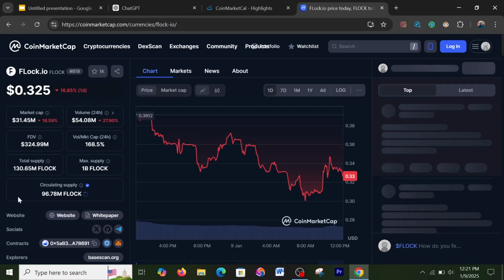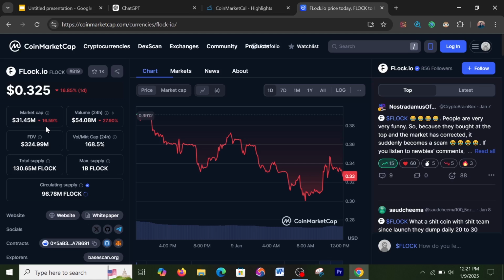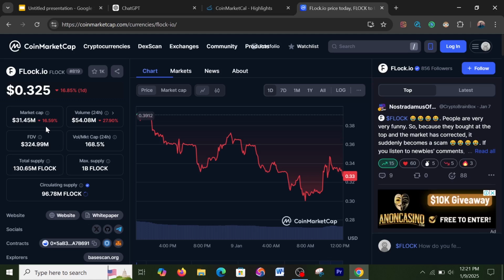I need a token that most of its max supply is already circulating, because I don't want to experience token dilution. I don't want to experience token dilution, because the more of this token being released, the more the price will keep dropping. You see this 0.3 dollars for this token.